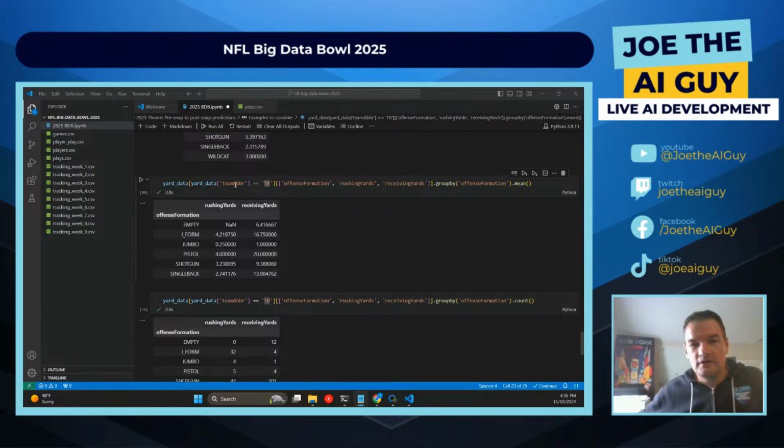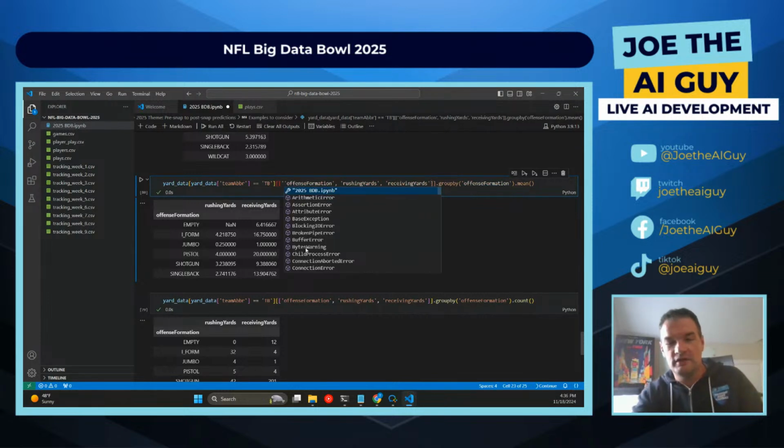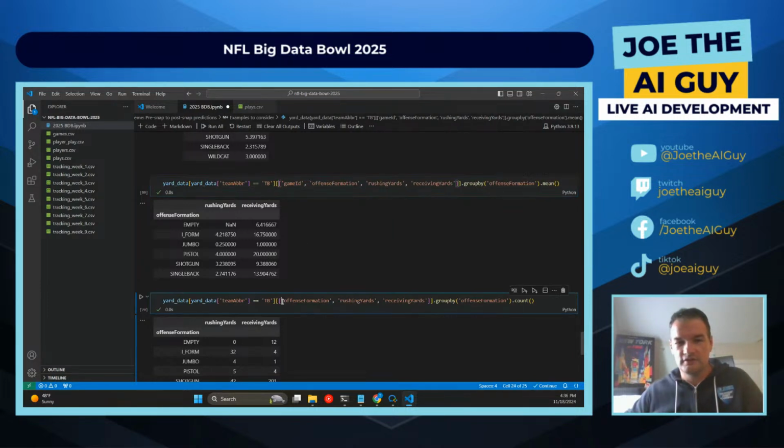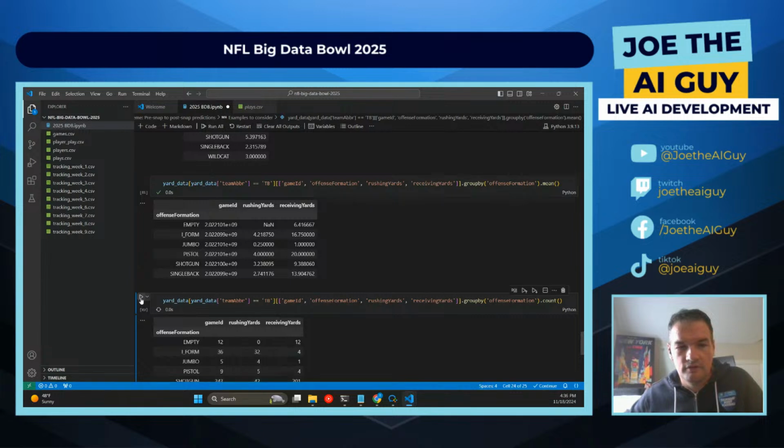So if I also include game ID, this may get a little more interesting. So game ID. Oh, I forgot to include that in the group by as well.